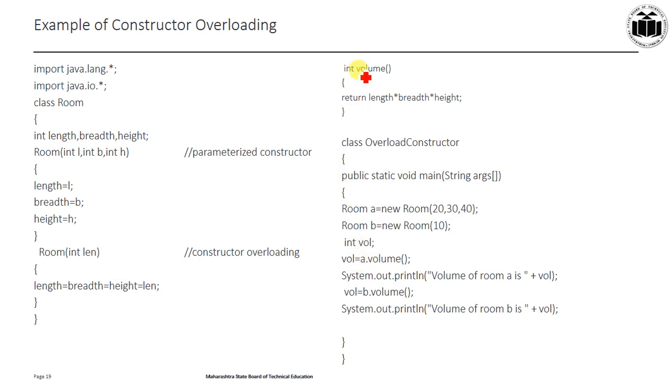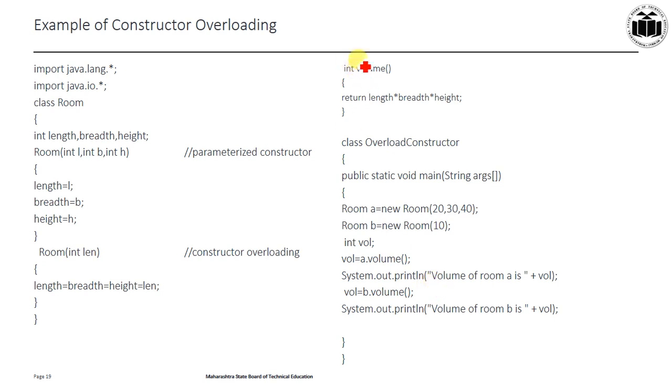We call the method volume by using the object. So first we call that method by using a, so we write a.volume. Length has 20, breadth has 30 and height has 40, and our volume gets calculated and stored into this vol. After that, we display it by using System.out.println.